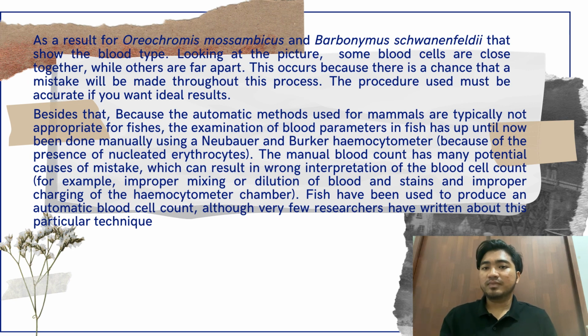The manual blood count has many potential causes of mistake which can result in wrong interpretation of the blood cell count. For example, improper mixing or dilution of blood and stain and improper charging of the hemocytometer chamber.